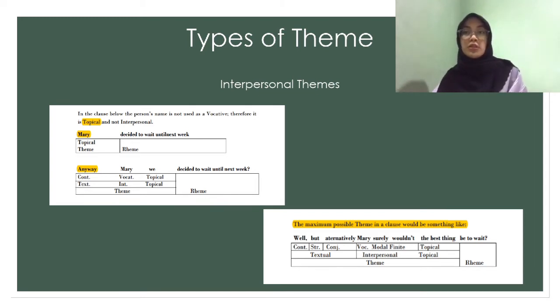The maximum possible theme in a clause would be something like, "Well, but alternatively, Mary, surely wouldn't the best thing be to wait?" "Well" is continuative, "but" is structural, "alternatively" is conjunctive, and "well, but alternatively" is textual. "Mary" is vocative, "surely" is modal, "wouldn't" is finite, and "Mary surely wouldn't" is interpersonal, and "the best thing" is topical.